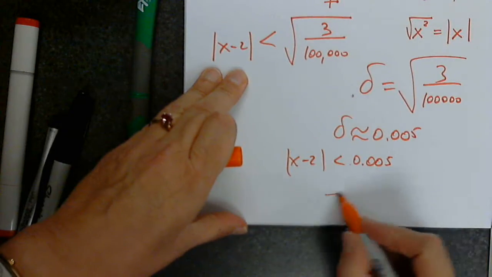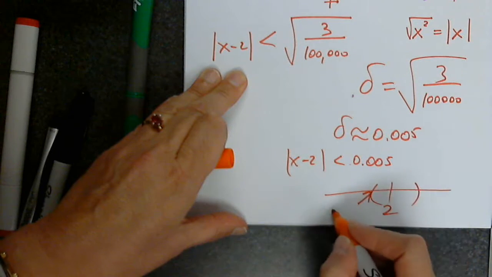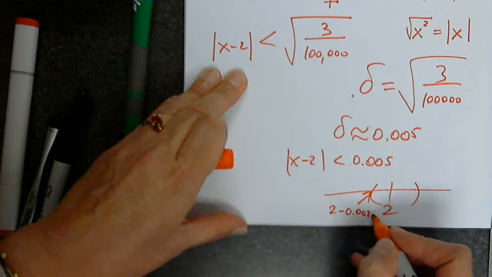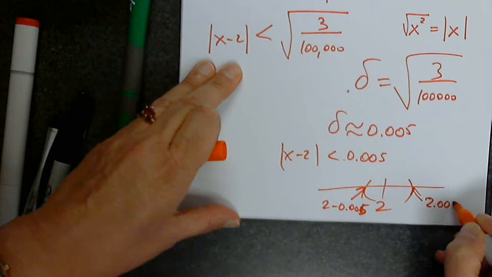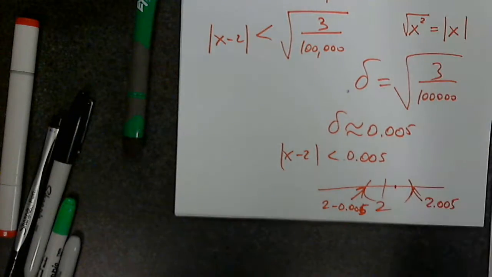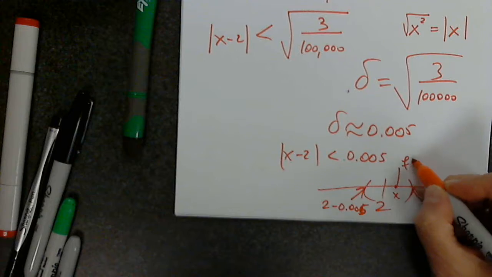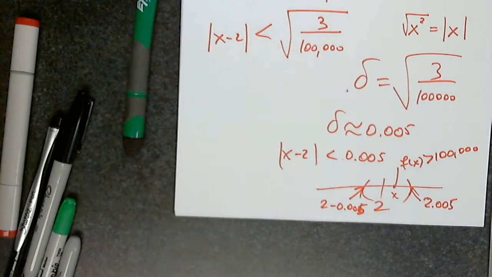So I have to choose between these two. This one is 2 minus 0.005, and this one is 2.005. If I choose here and go up, it's guaranteed that f of x will be over 100,000. Guaranteed.